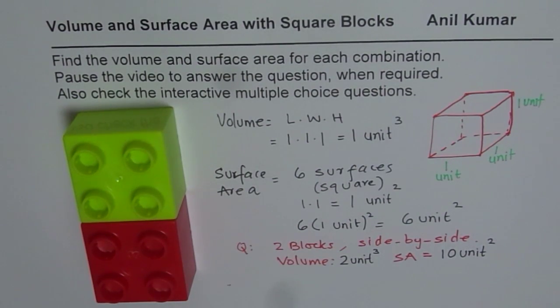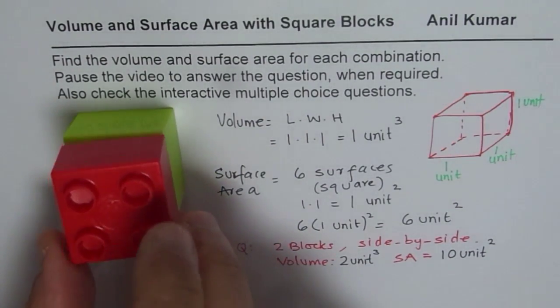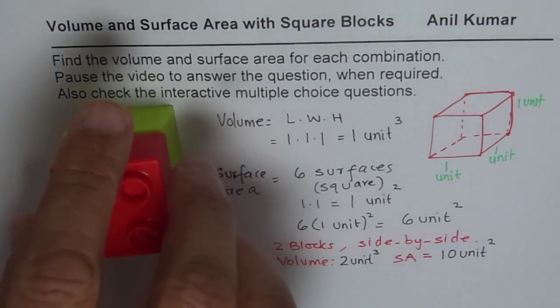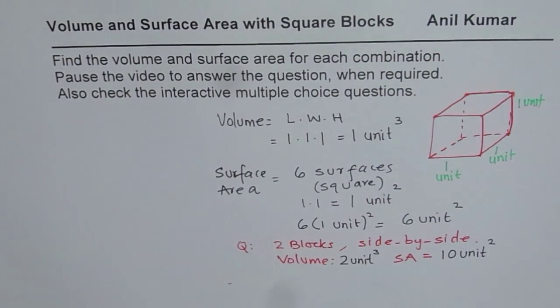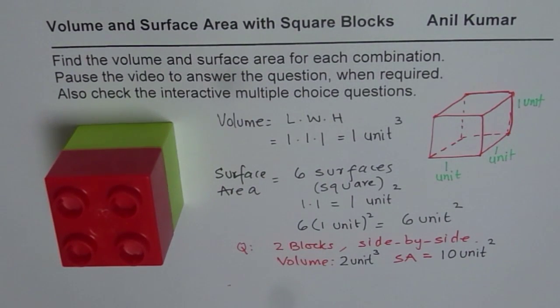So if I put them side by side, or even one on top of the other, let me press it down, then place it. Okay, let us say like this, right? In that case also, you'll find that the volume is 2 unit cube. However, the surface area is not 6 times 2, because two of these surfaces join together, and the surface area is 10 unit square. I hope you appreciate that point, correct?